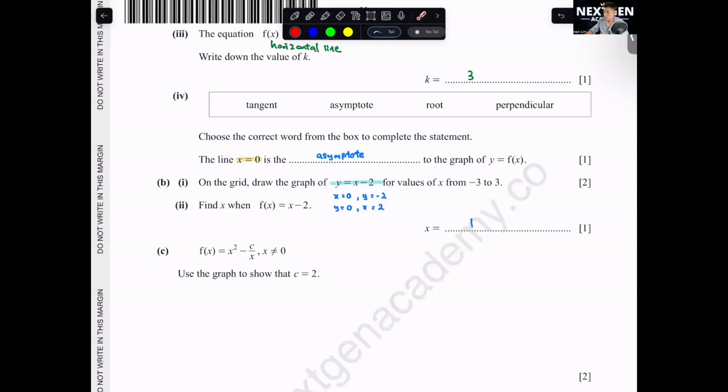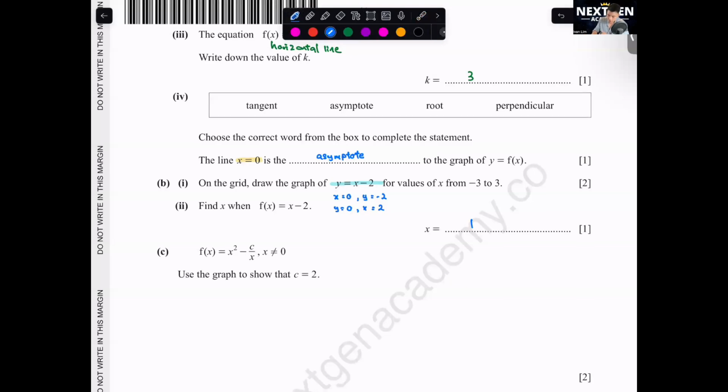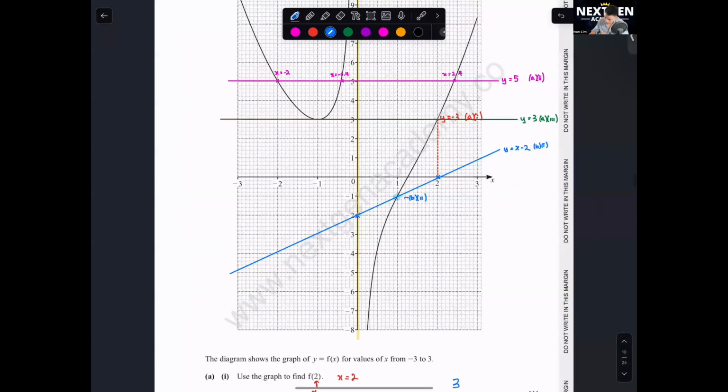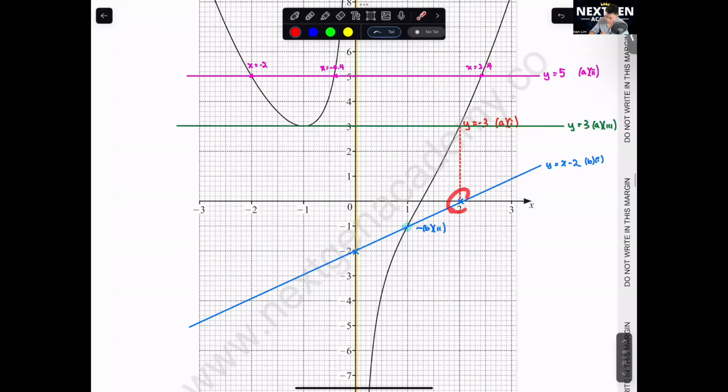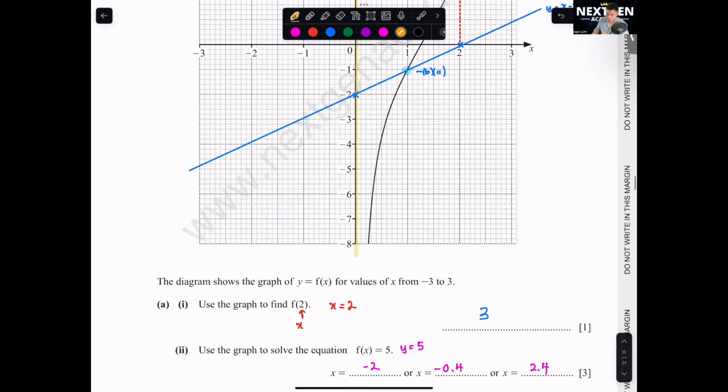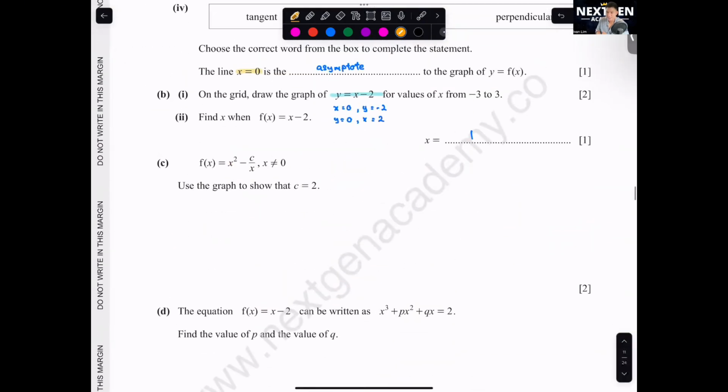Okay, I'm going to use any points. So based on the graph, just now from the first question I already saw this, right? When my x equals 2, my y equals 3. Okay, so this one 2, 3, right? Is a point. Okay, it looks confusing, right? This question. When I first read it, I also was a bit confused.